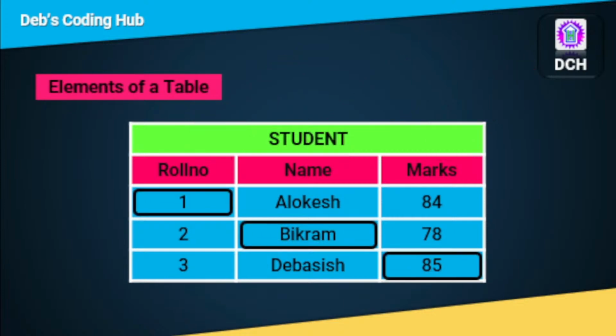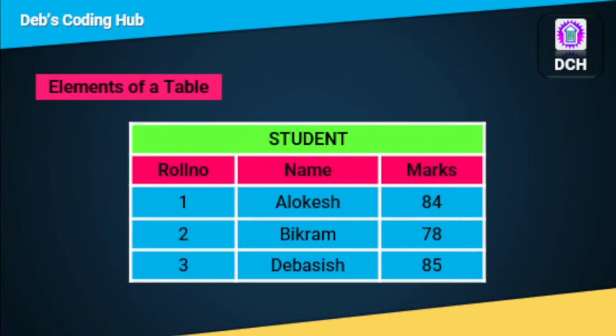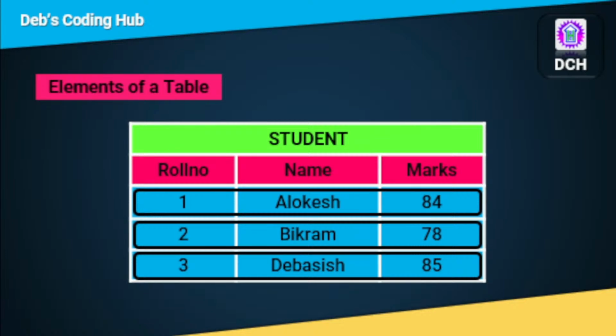Now, the data stored at the intersection of a column and a row gives us a rectangular box where a single data is stored. These are called data items. So 1 is a data item, Vikram is a data item, and 85 is also a data item. After data items, we go for the individual rows that represent information of one student each.